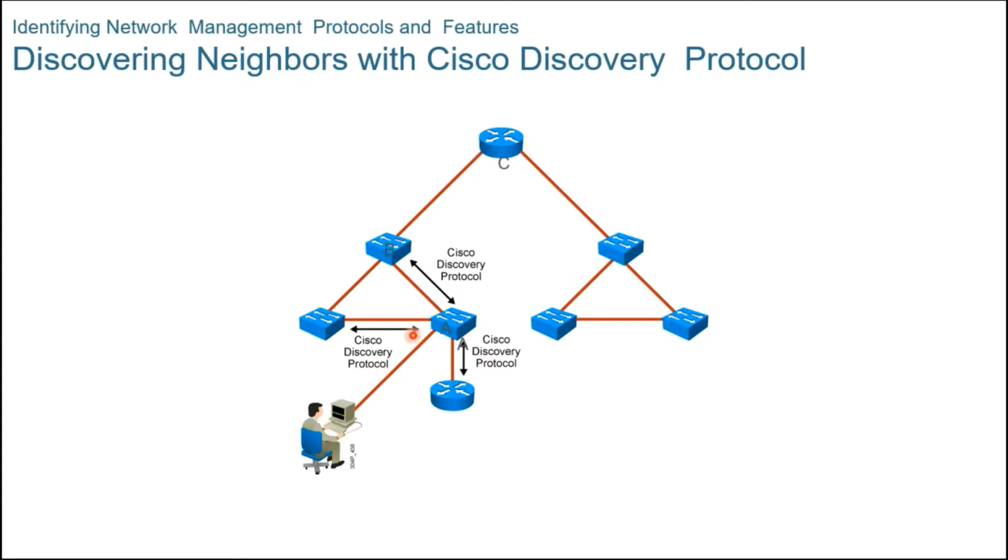Okay? So CDP is a hello-based protocol. All Cisco devices that run CDP periodically advertise their attributes to their neighbors using a multicast address. These frames advertise a time to live, or TTL value, the hold time in seconds.